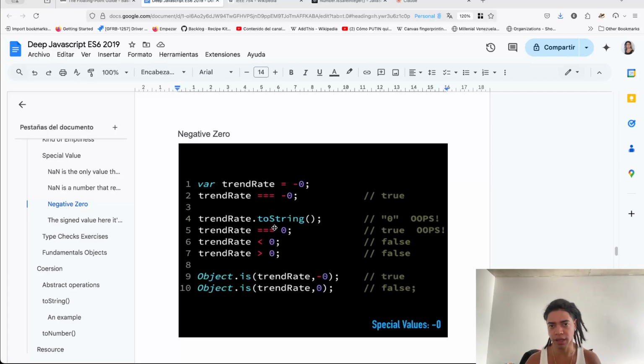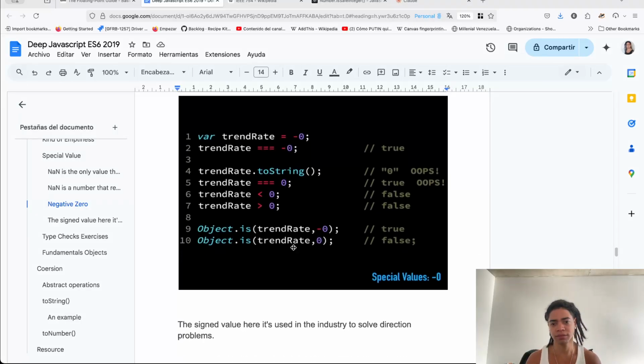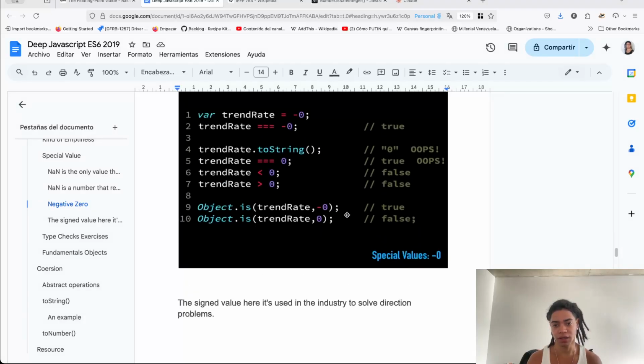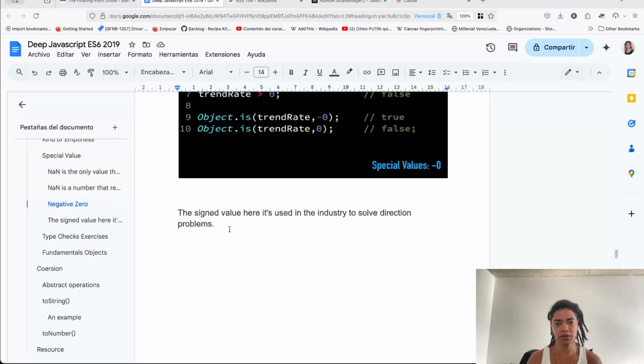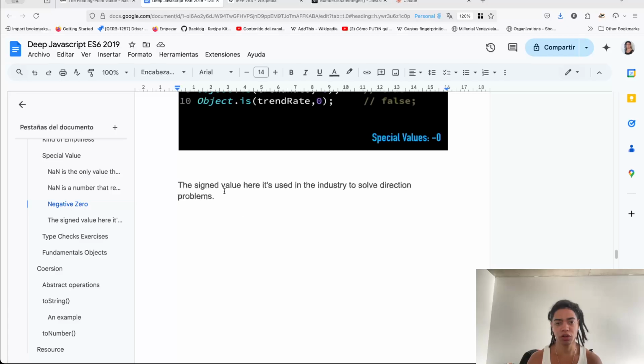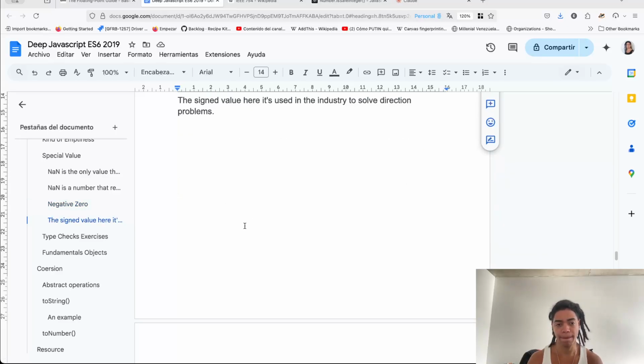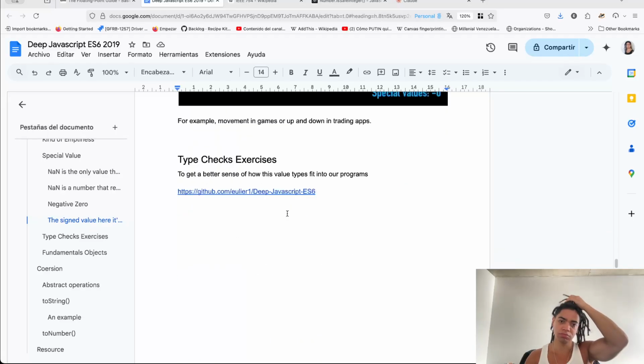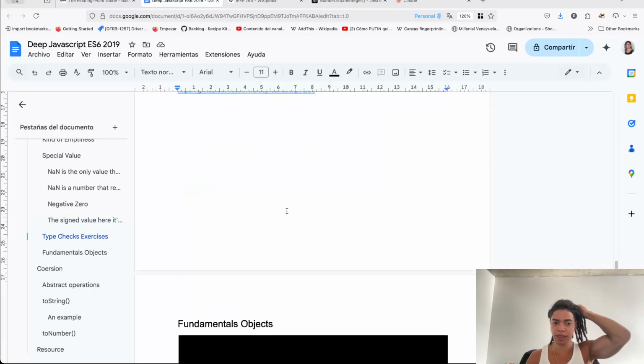I call this the quadruple equals, which actually verifies it. So the sign value here is used in the industry to solve direction problems. And then we went through a particular example for that, which is kind of cool, interesting.